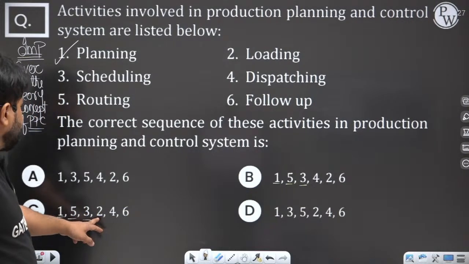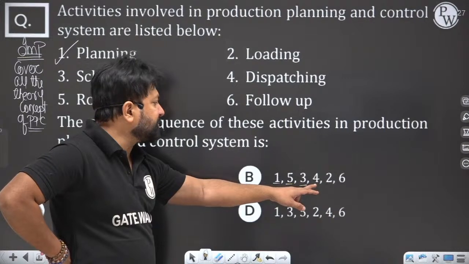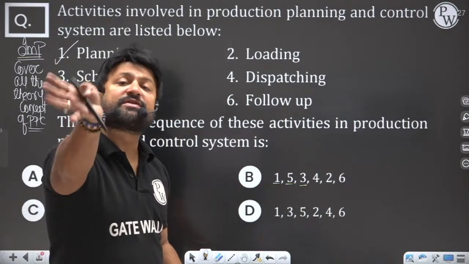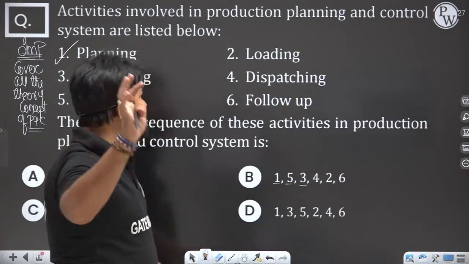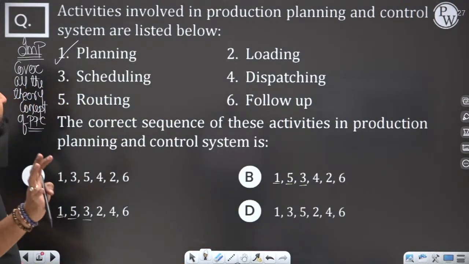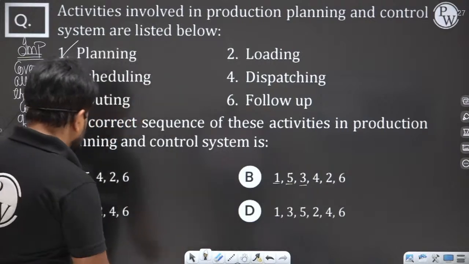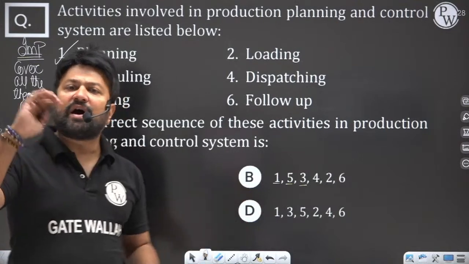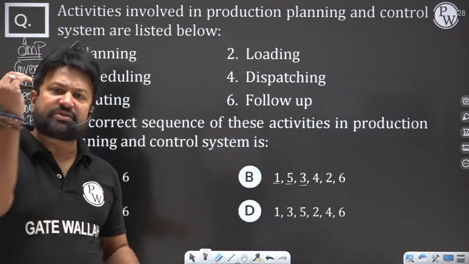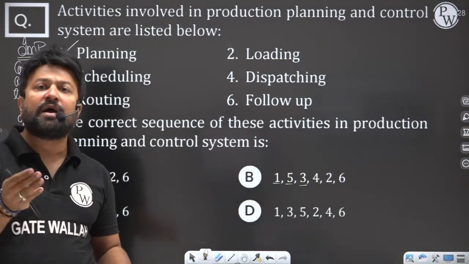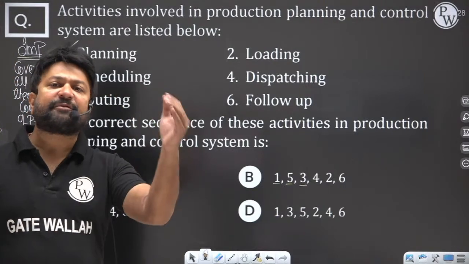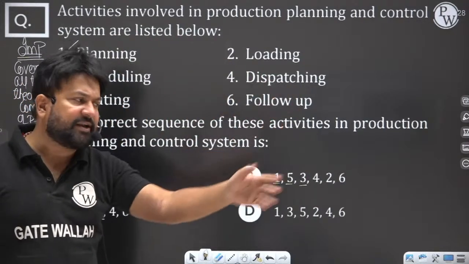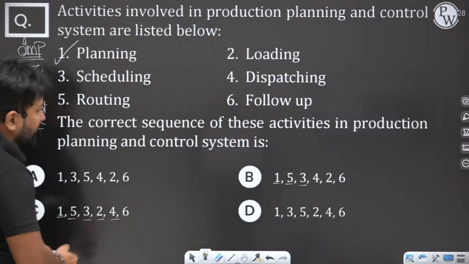You do dispatch when the processing will be done, and processing will be done when there will be loading on a machine. So loading is required. After loading, you ensure that processing will go on, and after processing, the workpiece will be dispatched from one machine to another machine, or one department to another department. So then dispatch will come.